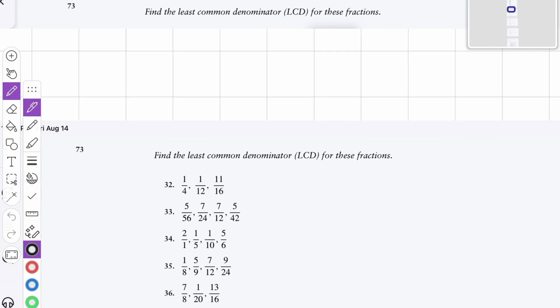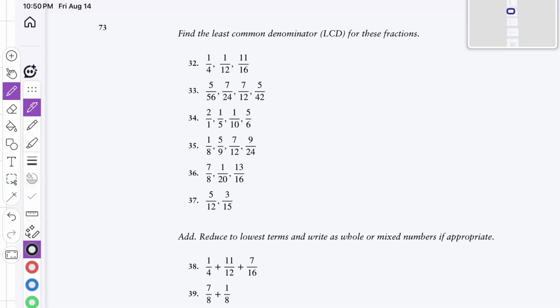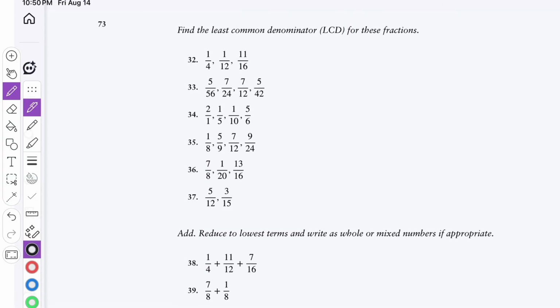And the next one says, find the least common denominator for these fractions. Okay, so these sometimes also give students trouble. So what I'm going to have to think about is what is the smallest number that all 3 numbers can be divided into, right? So if I count by 16s, I always take the biggest number because it's the easiest way to do it, I think.